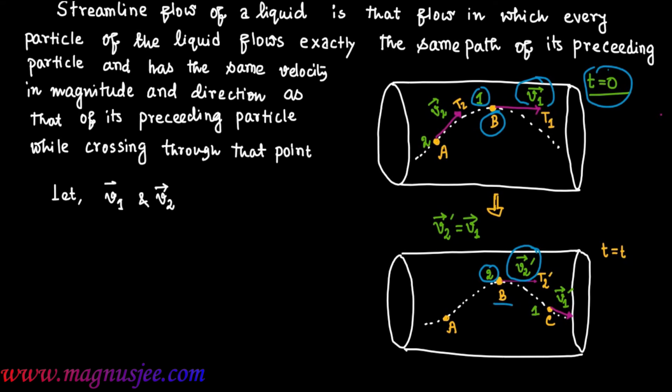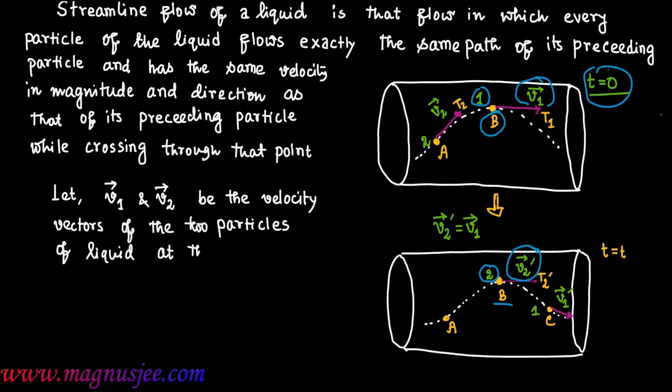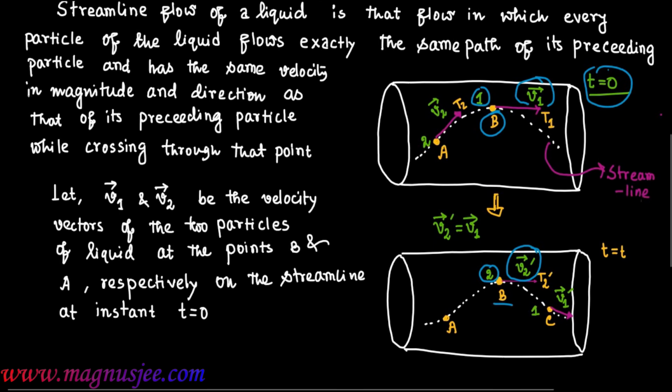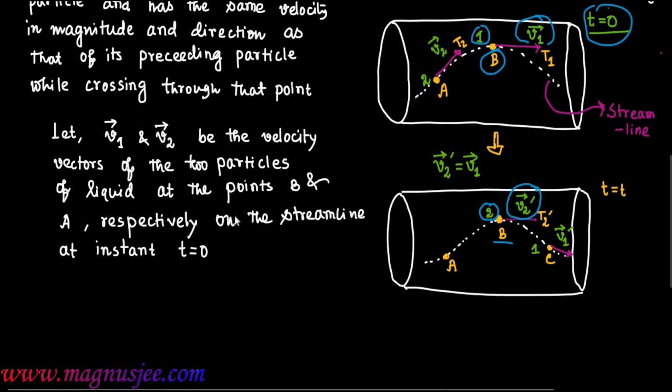Let vector v1 and vector v2 be the velocity vectors of the two particles of liquid at the points B and A respectively on the streamline at instant t equal to 0 second. This is the streamline in the diagram.